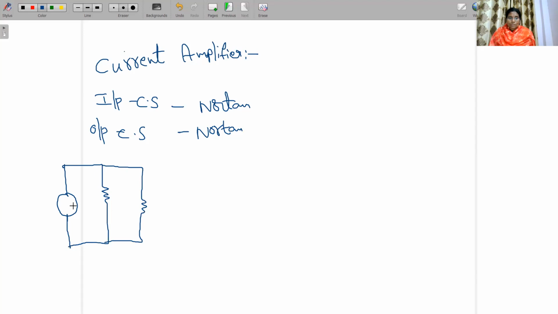What is the input source? That is nothing but Is. Is is in parallel with Rs, and that is in parallel with Ri. So this is the input side equivalent diagram right now.